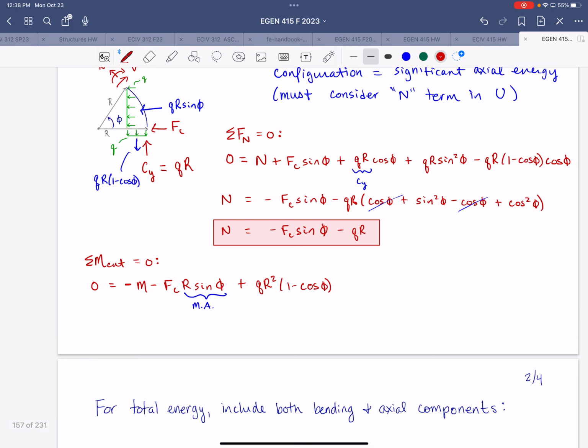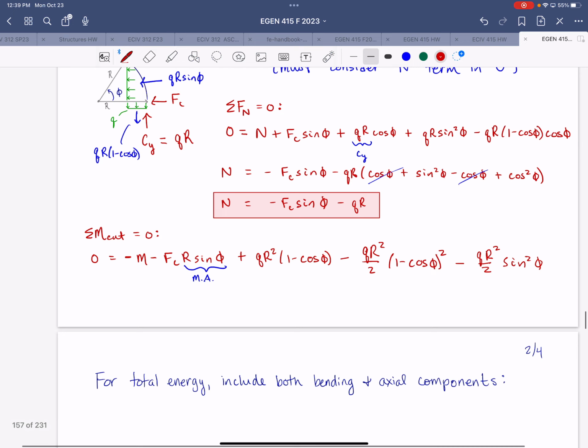And then from the resultant forces in the vertical and horizontal directions, we're going to have, from the vertical resultant, negative QR squared over 2 times 1 minus cosine phi, and that quantity is squared for the moment arm. And then minus QR squared over 2 times sine squared phi from the horizontal resultant and its moment arm.